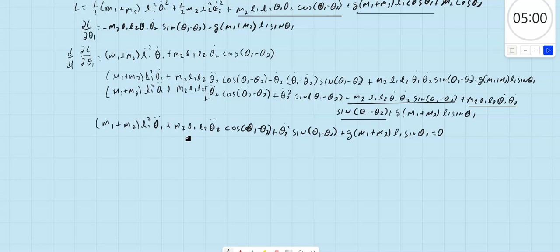I will have to do a lot to do my second equation of motion, and I don't have too much time.